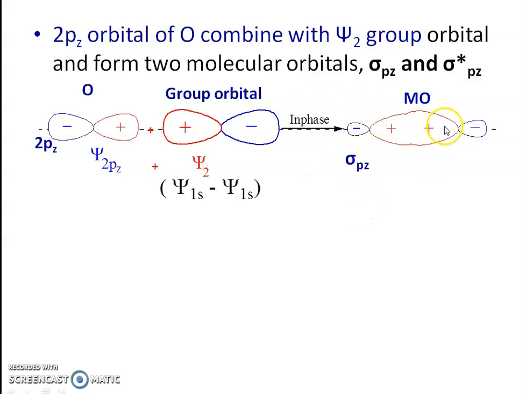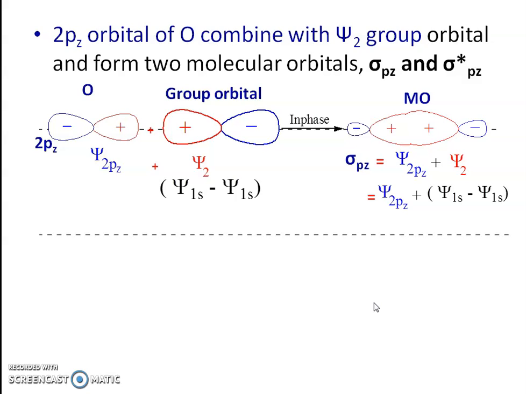Here 2 positive lobes merge or overlap with each other, and opposite lobes are condensed. This sigma pz is equal to psi 2pz plus psi 2, but psi 2 is equal to psi 1s minus psi 1s, and therefore sigma pz is equal to psi 2pz plus psi 1s minus psi 1s.